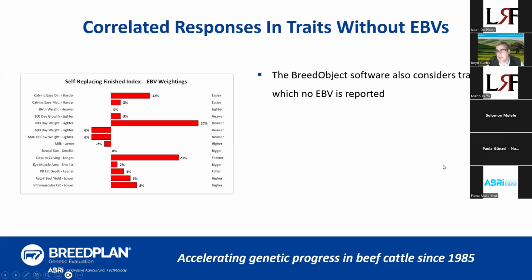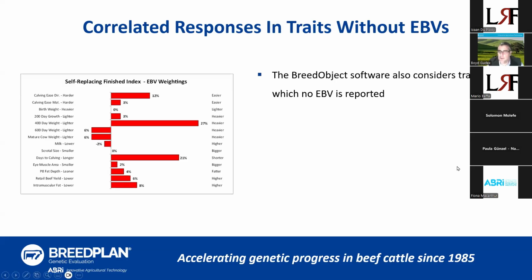We also have correlated responses to traits. So no trait is inherent in isolation. We know that if we're going to be, for instance, selecting for more growth, as we talked about before, we're going to see a rise in birth weight and a decrease in calving ease.